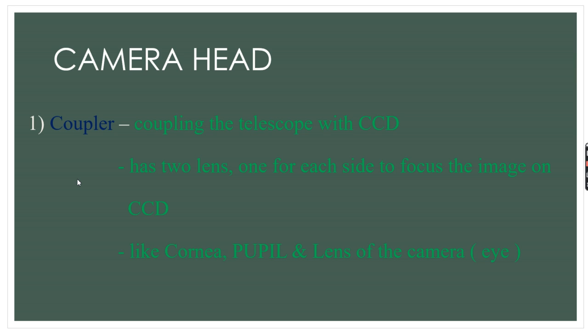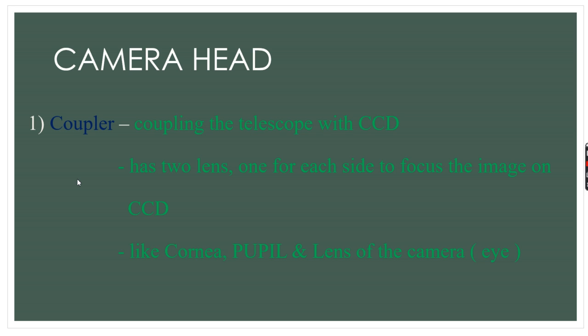So let's start with the camera head. Two parts, coupler and CCD. The function of the coupler is to couple the telescope with the CCD. CCD is the charged coupled device. This coupler has two lenses, one on each side, one distal and one proximal. And these two lenses are used to focus the image on the CCD.